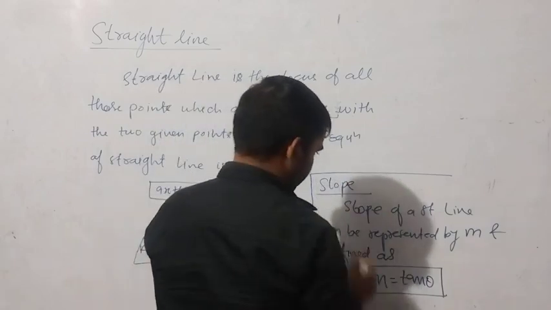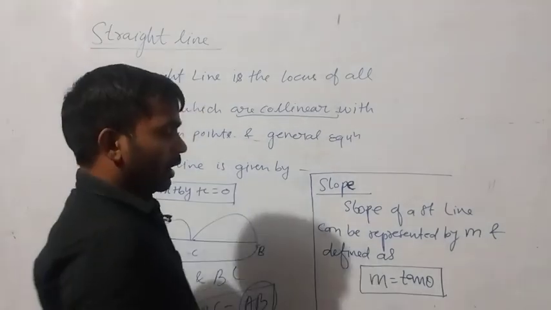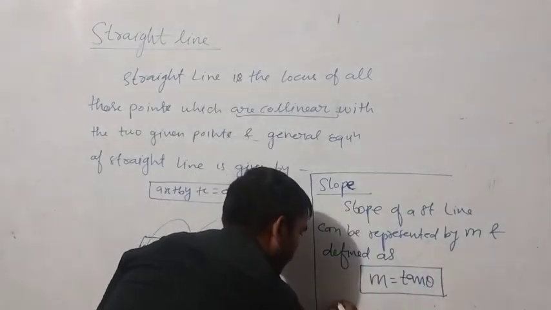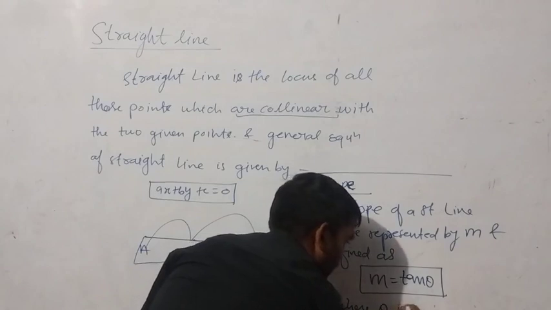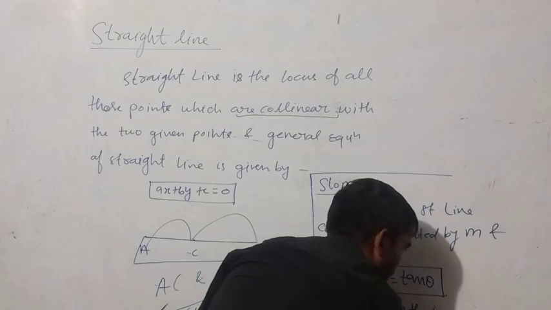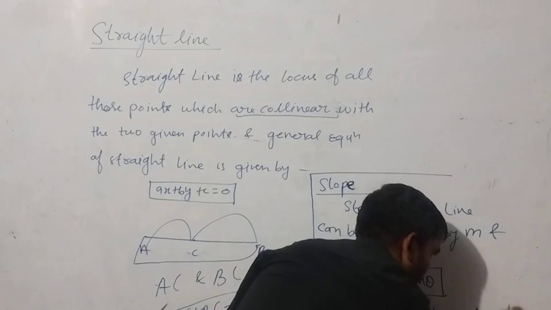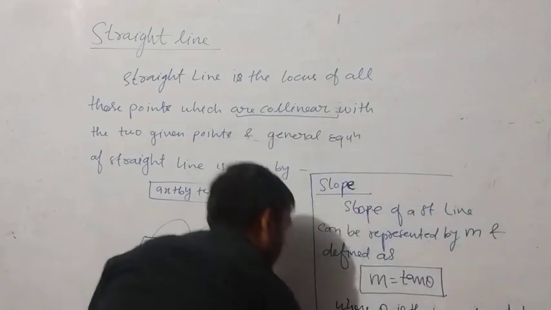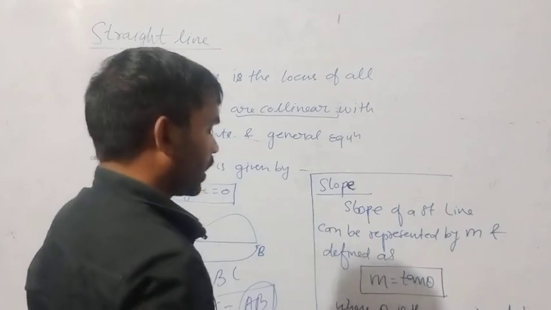So if you want to calculate the slope of a straight line, we can simply calculate tan theta, where theta is the positive angle made by the line with the positive x direction.